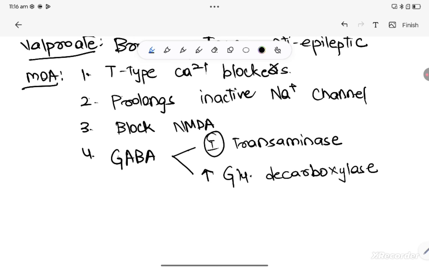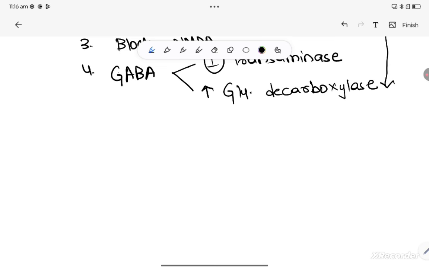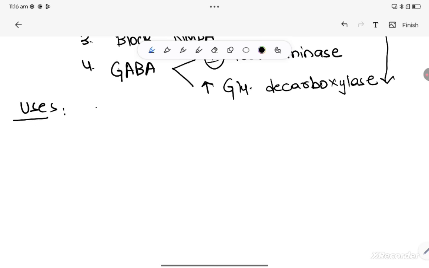Because of its wide spectrum of action, this is active against all sorts of epilepsies. So, with respect to uses, this is used in all types of epilepsies.